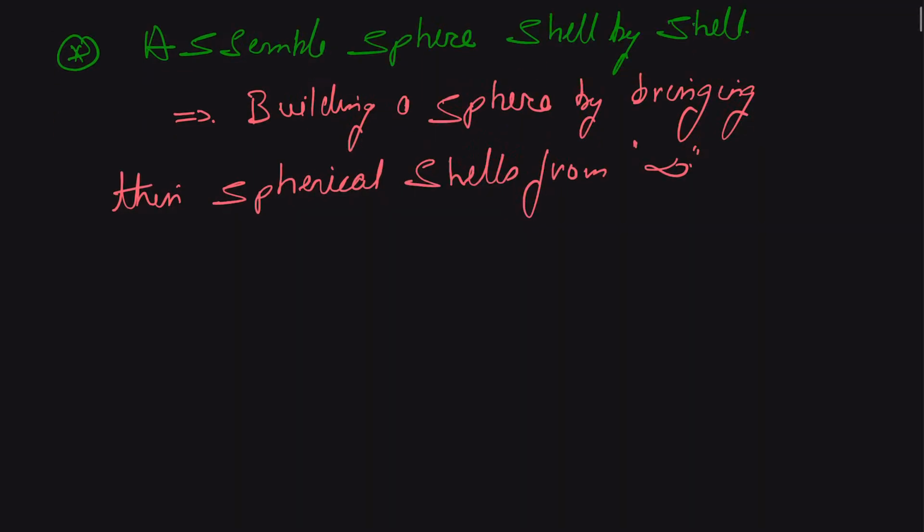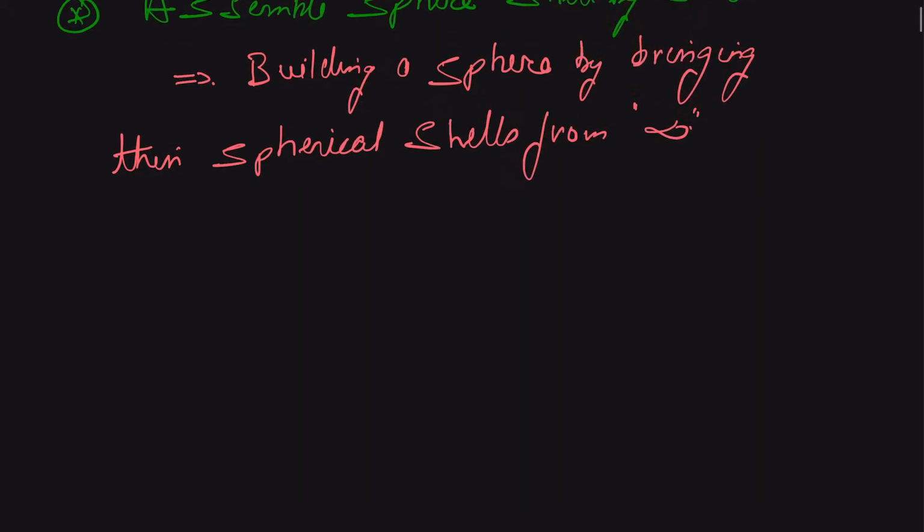And so based on this, initially let us suppose this is the point where we are going to assemble the sphere, and we are bringing the shell from infinity. This is a thin spherical shell which we are bringing to this point A, and initially there is no charge here.